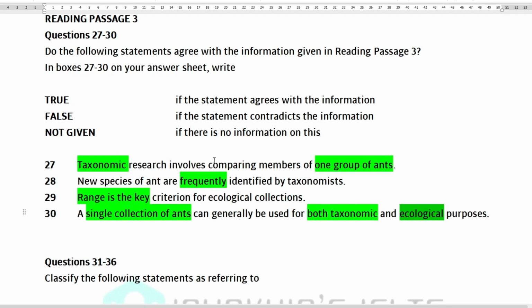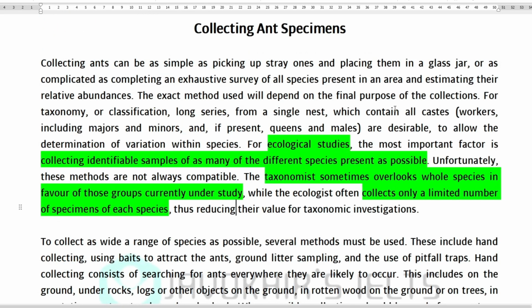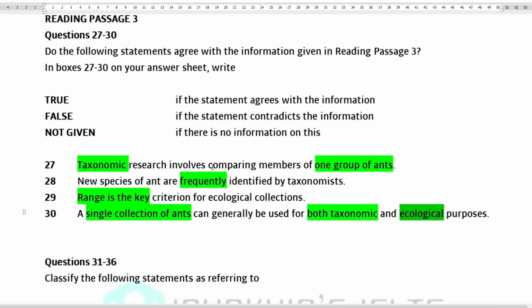Taxonomy involves classifying ants from a single nest, which contains different castes of ants, to allow the determination of variation, meaning comparison, meaning comparing members. So I think that is true. I'm going to give it as true and highlight that. All right, so new species of ant are frequently identified by taxonomists.